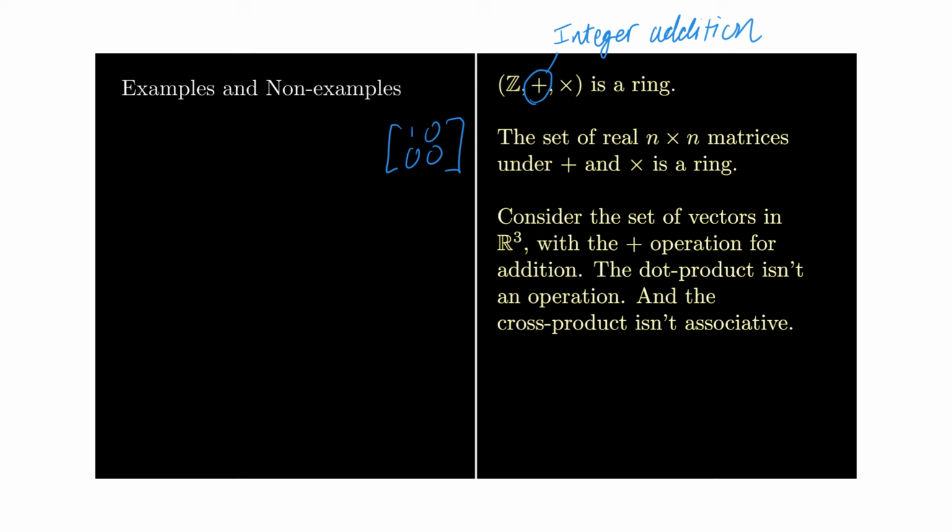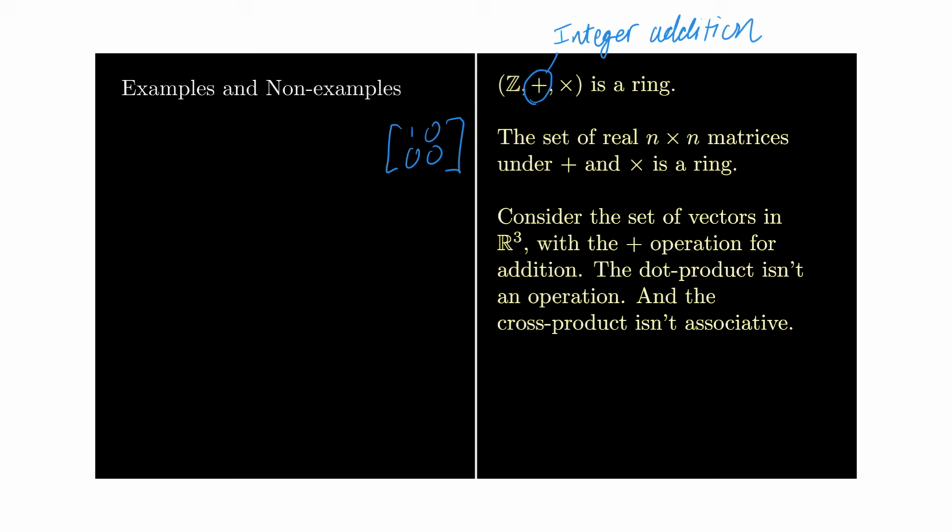So it's not even an operation. So certainly we couldn't use that to make an example of a ring. We've got a set, we've got a plus operation, it's even a commutative plus operation, but the dot product does not serve to make this into a ring.